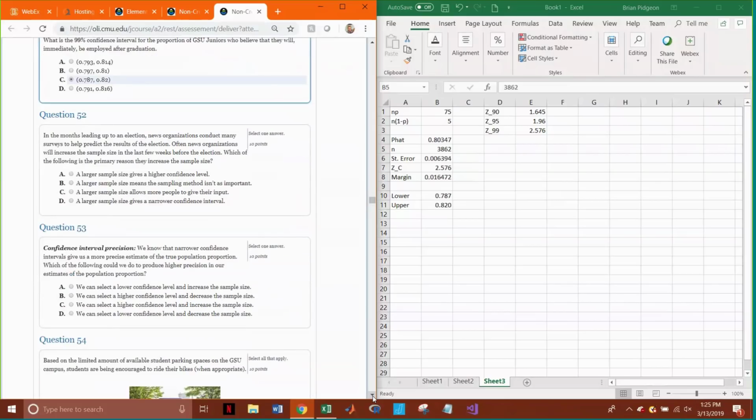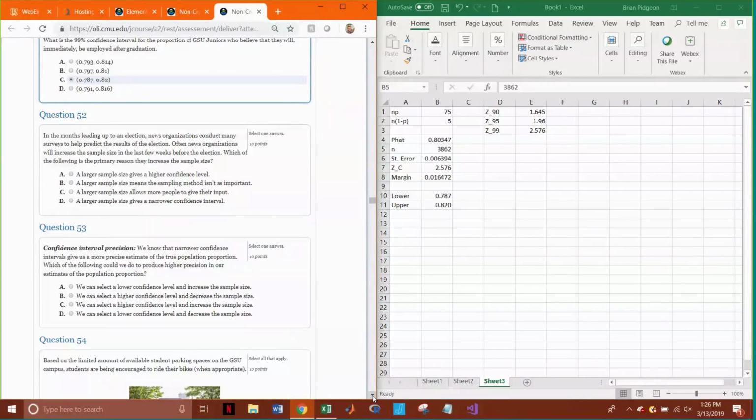All right. Changing the confidence level, or making a more precise interval. So in the months leading up to an election, news organizations conduct many surveys to help predict the results. Often, news organizations will increase the sample size in the last few weeks before the election. So which of the following is the primary reason they will increase the sample size?